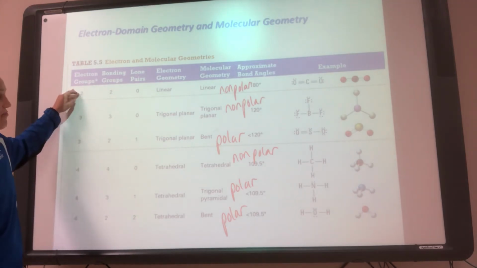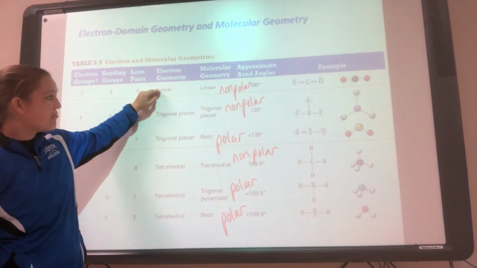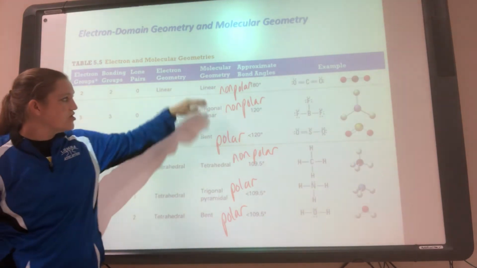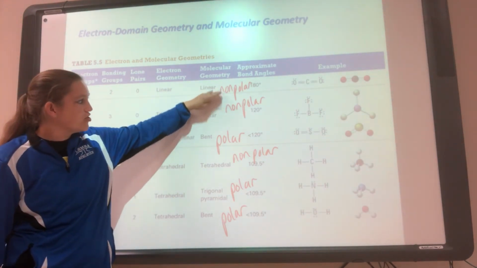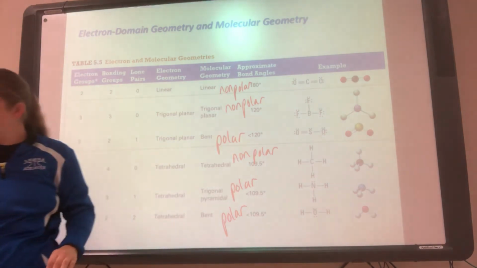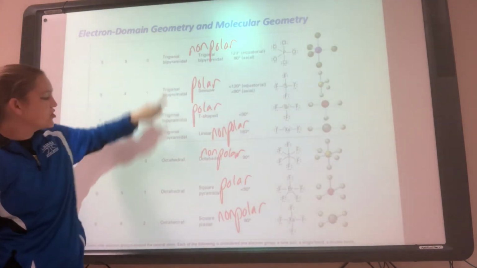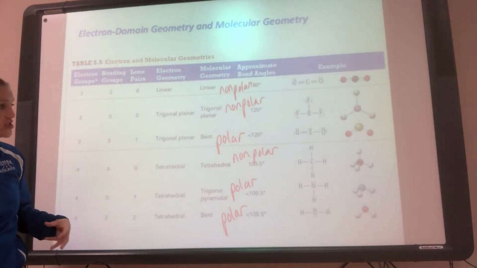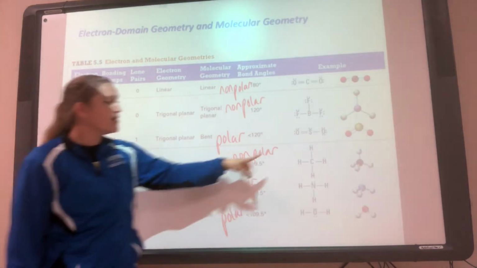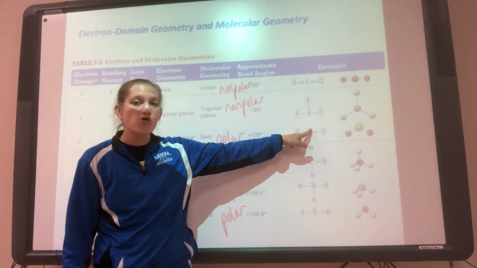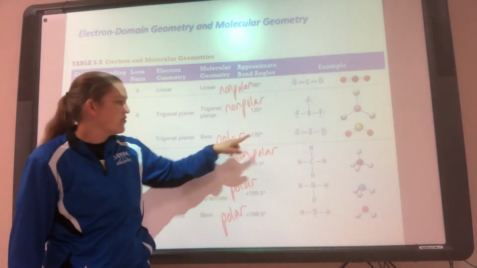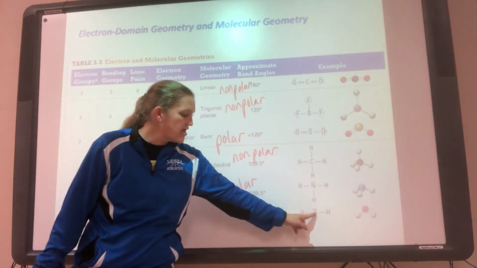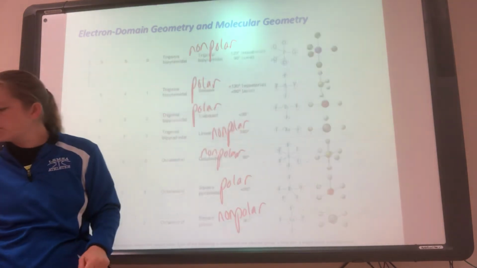Our parent groups, remember all of our parent groups, you notice these are all non-polar. All the structures that have lone pair electrons on the central atom are polar except for one.